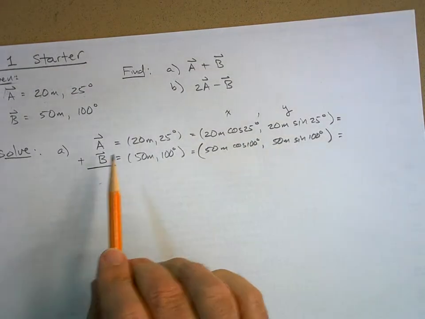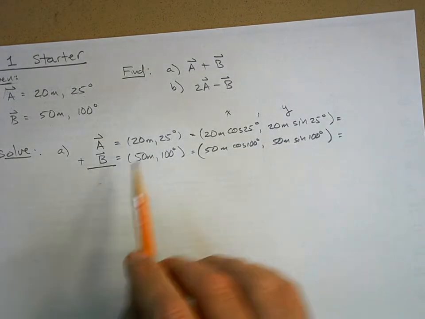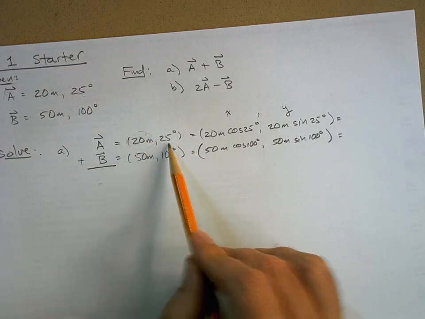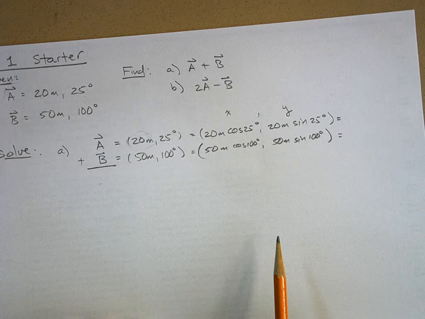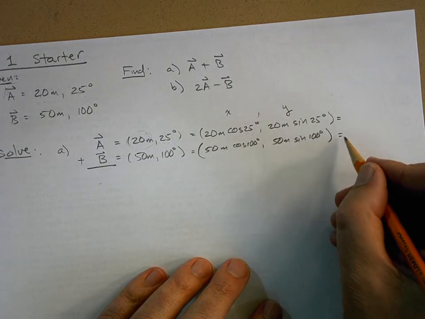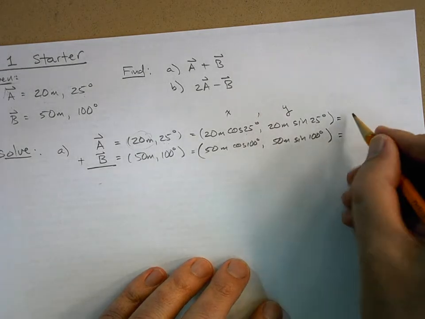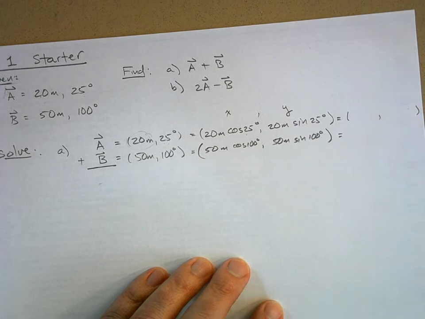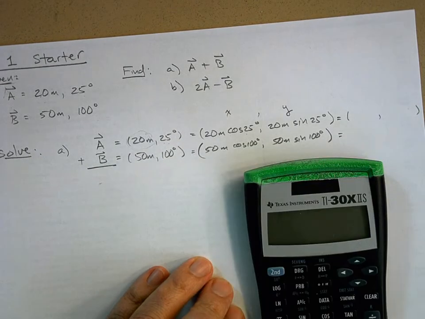So if I give you vectors in polar coordinates, the x component is always the magnitude of the vector times the cosine of its angle. So let's evaluate this. So I get my calculator out, and it's kind of tedious.